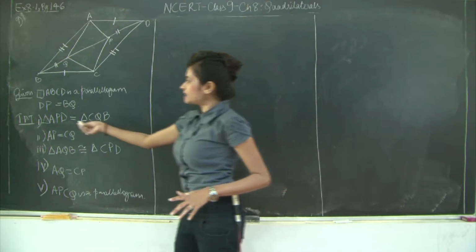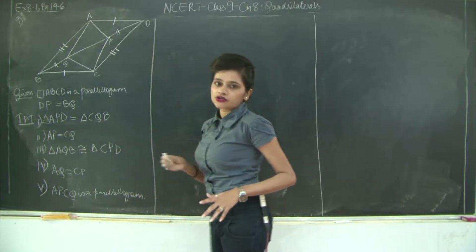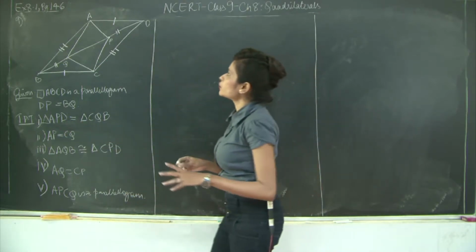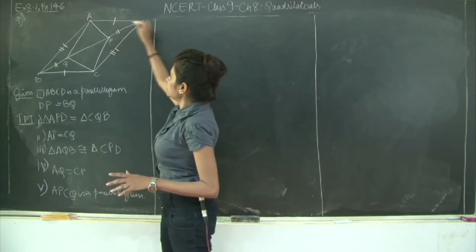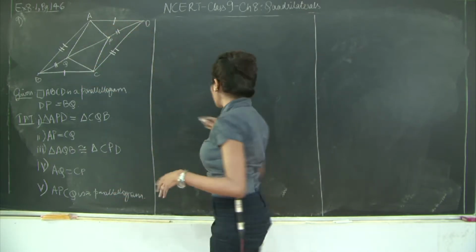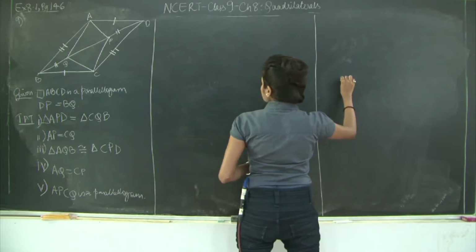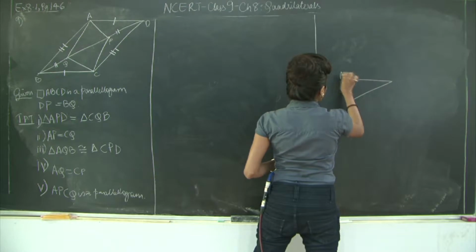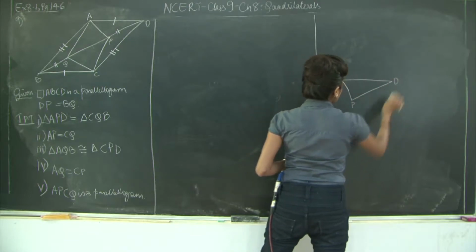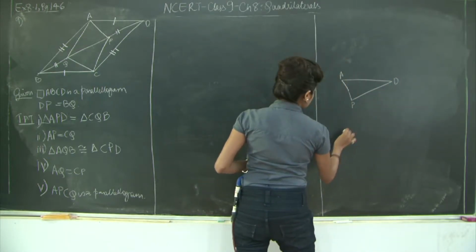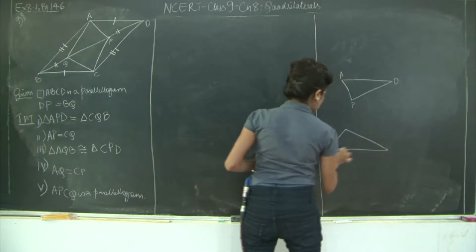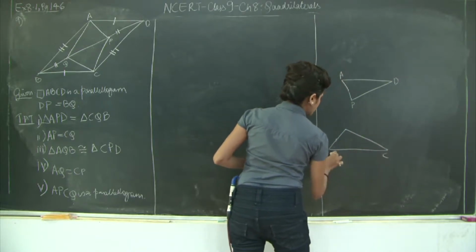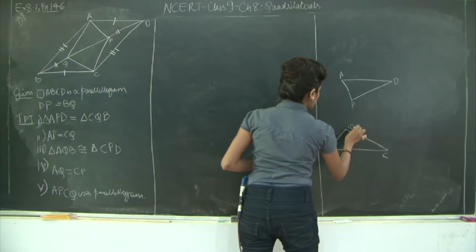We need to prove that triangle APD is congruent to triangle CQB. If you notice triangle APD and CQB over here, let's draw our triangles for reference. APD and CQB.